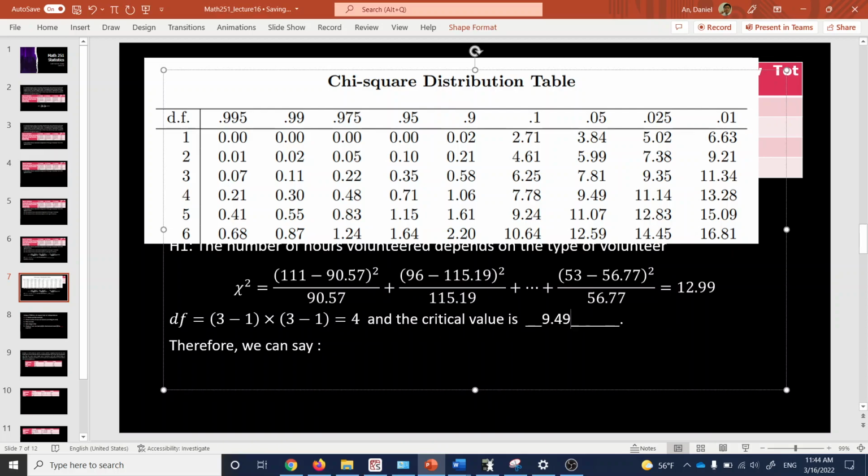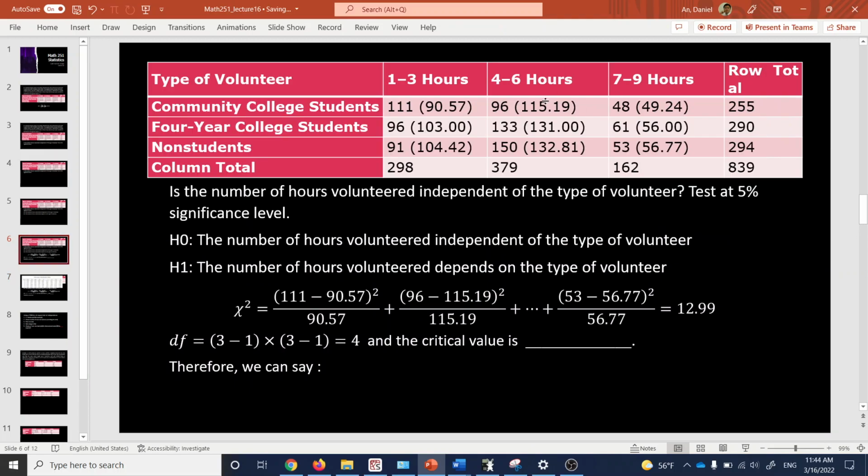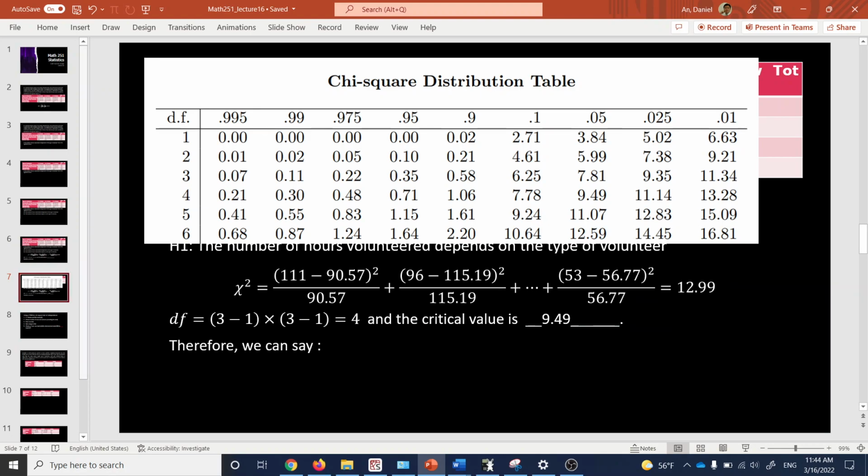And it's like this. If the table of values were just randomly fluctuating around the value that you would expect, then the difference squared divided by the expected value sum, the chi-square test statistic, can only be as big as 9.49 with 95% probability.